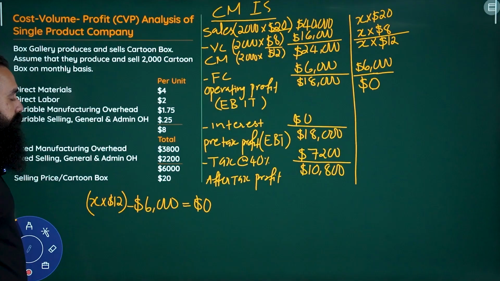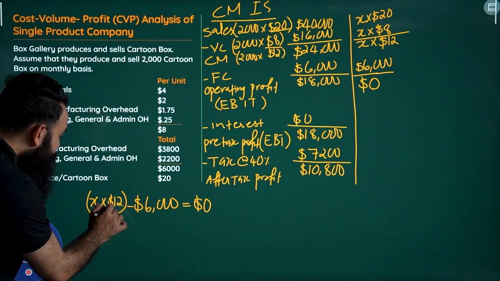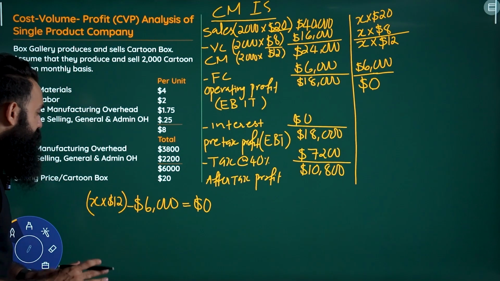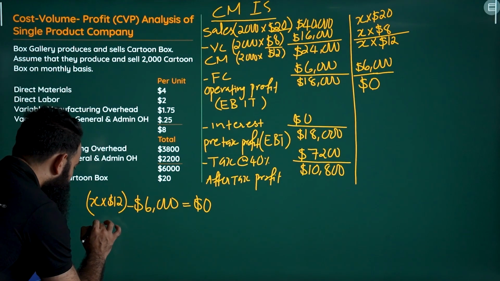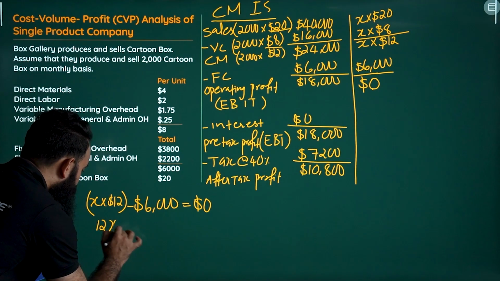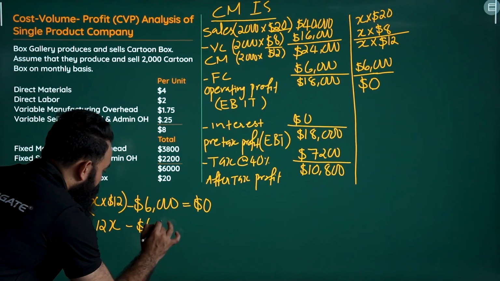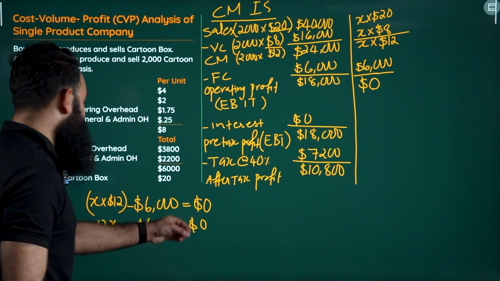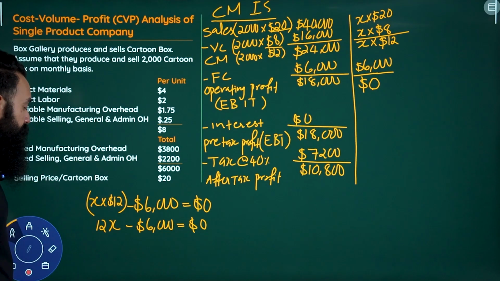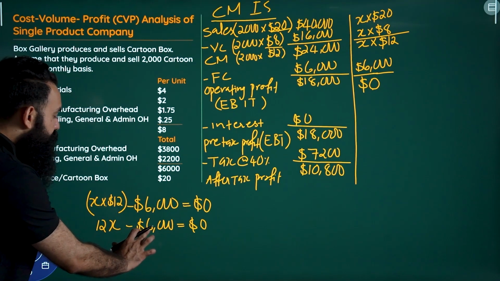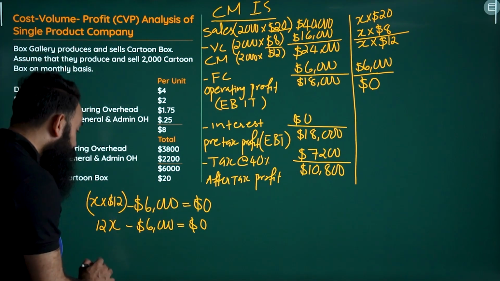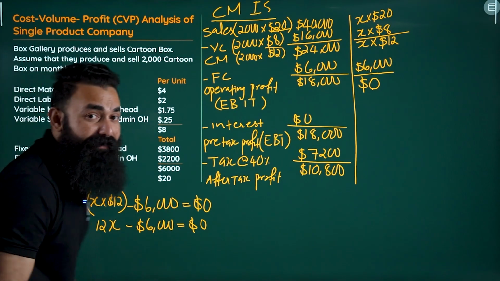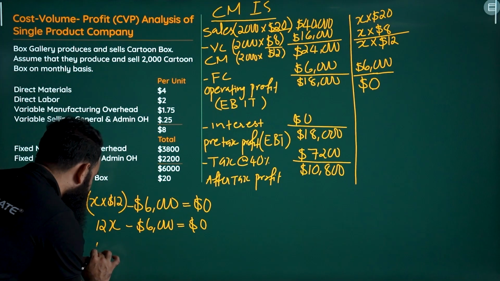So here we know that X into 12 means 12X. We can write in the same manner: 12X minus 6,000 is equal to 0. This is for easiness, I have written in this way. So 12X minus 6,000 is equal to 0. Then 12X is equal to, now it's time to solve the value of X, right? What does X mean?